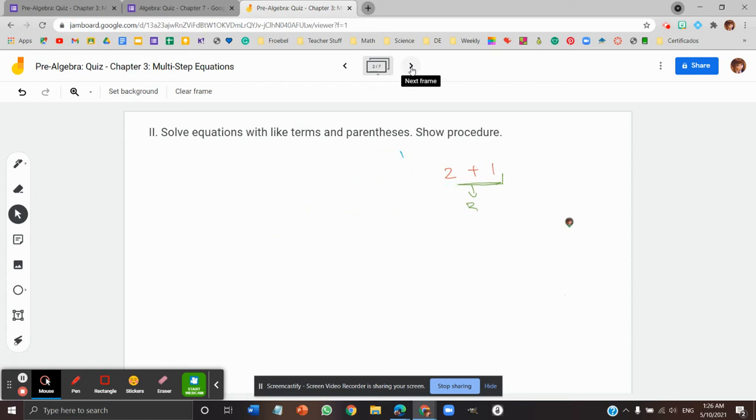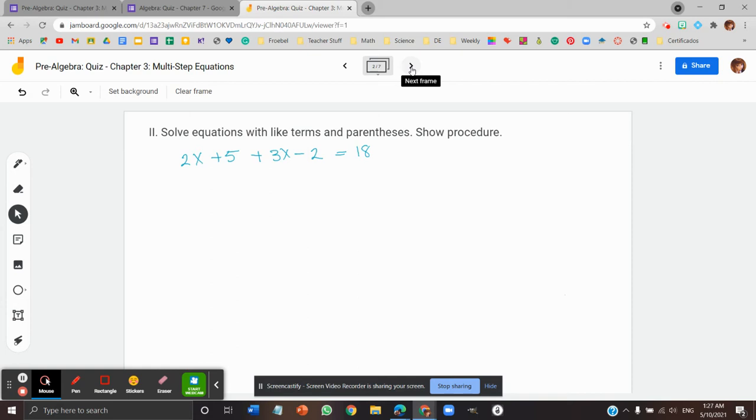So for example, what if I have the equation 2x plus 5 plus 3x minus 2 equals 18. Yeah, I know it's a little bit long, but it will make my point across.